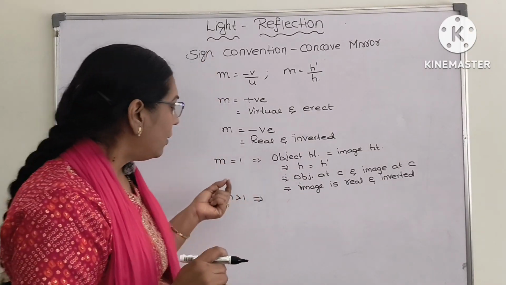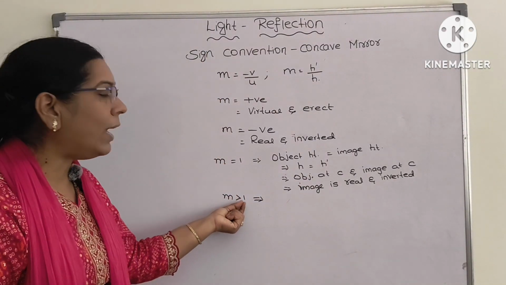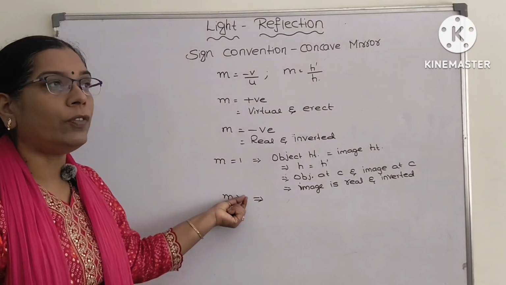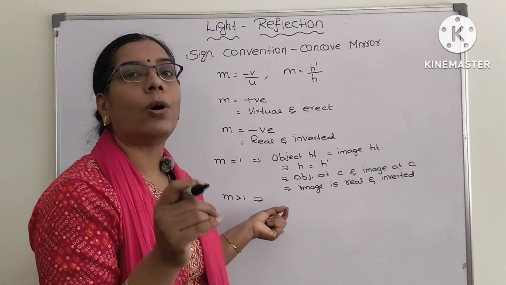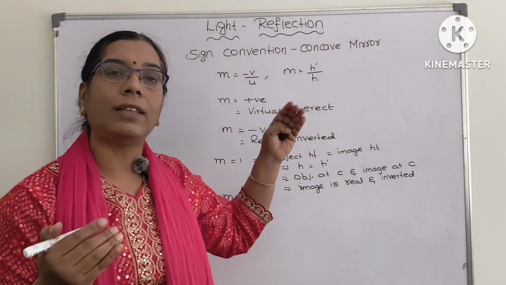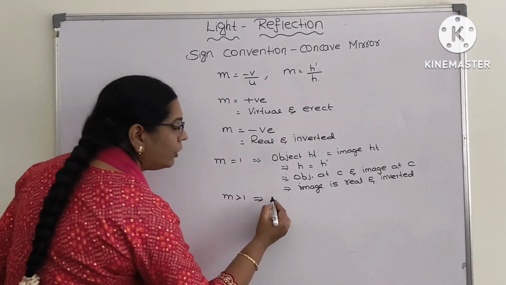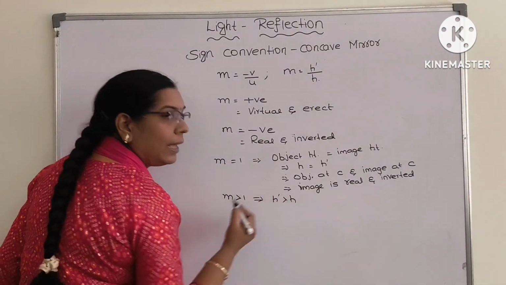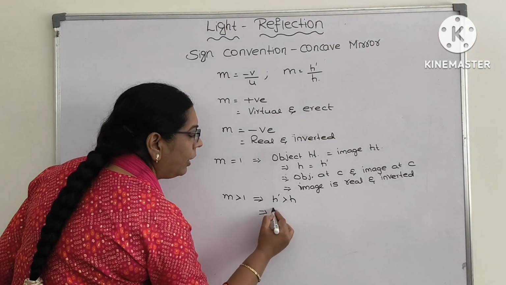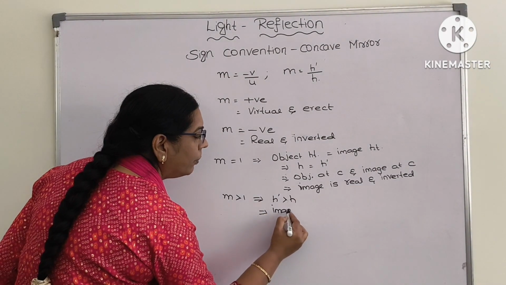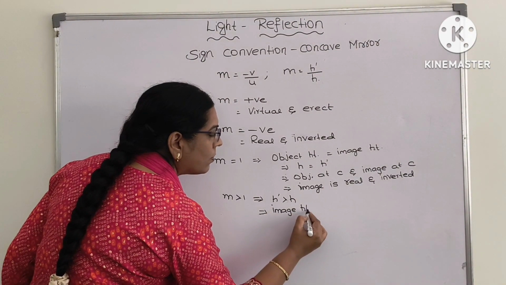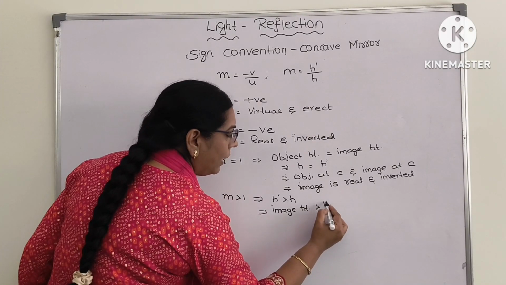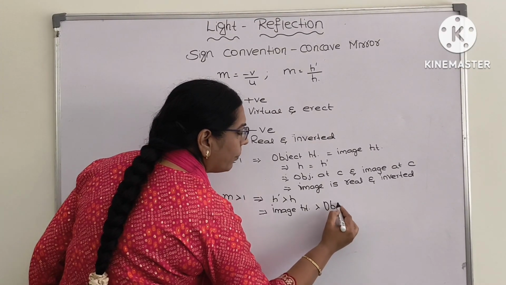So if the m value is greater than 1, it means the image formed has a greater height than the object height, which means h prime is greater than h. The image height is greater than the object height.